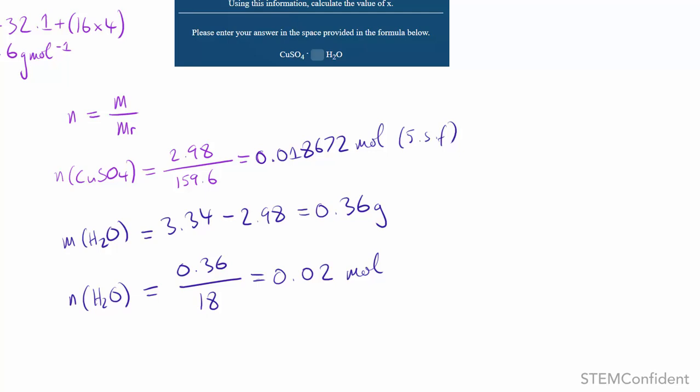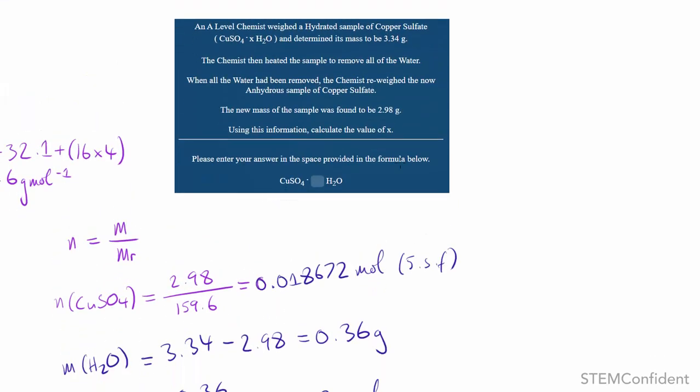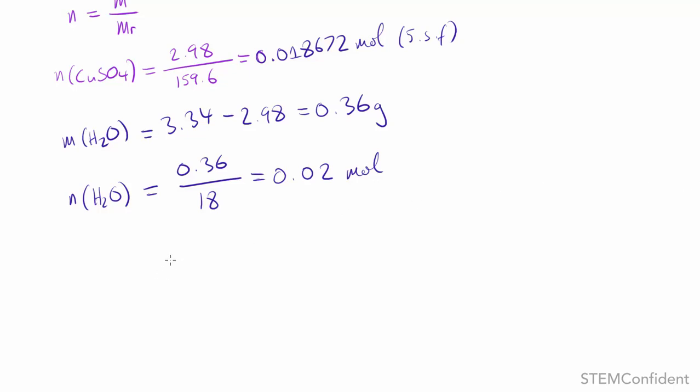What we want to do at this stage is establish a ratio between the moles. With our formula here, we've got CuSO₄ on the left hand side, so we want to put it on the left hand side, just for the sake of clarity.